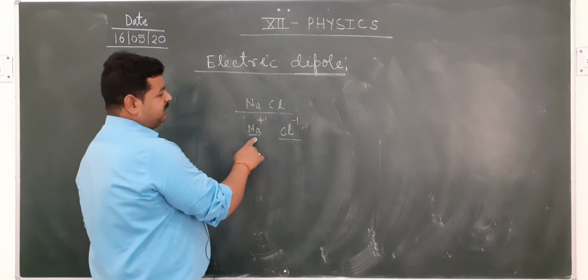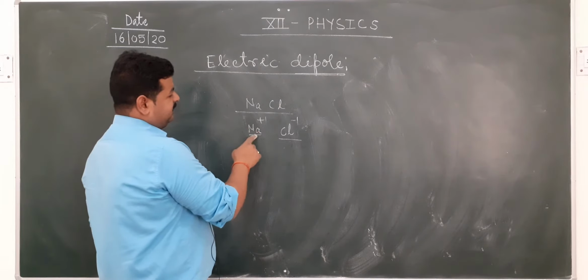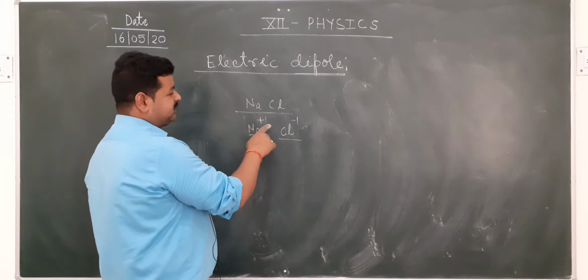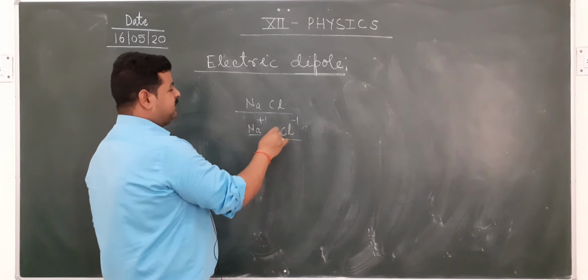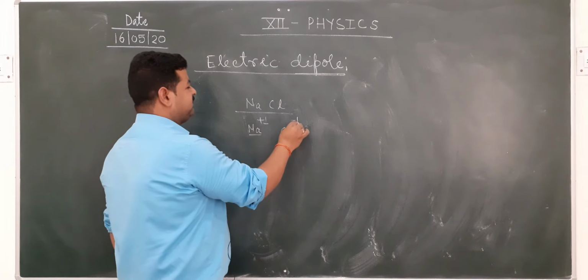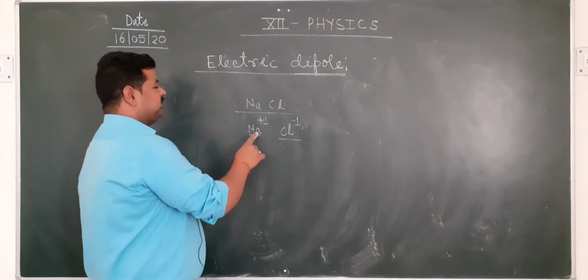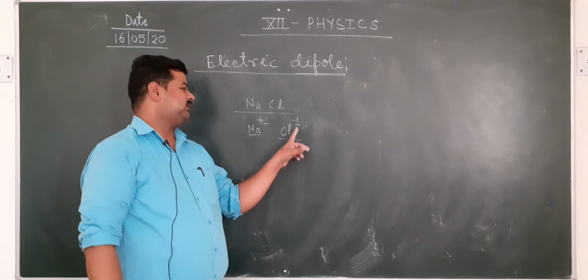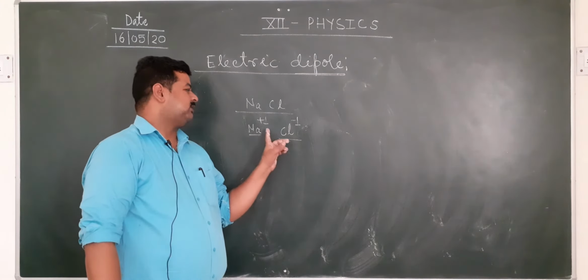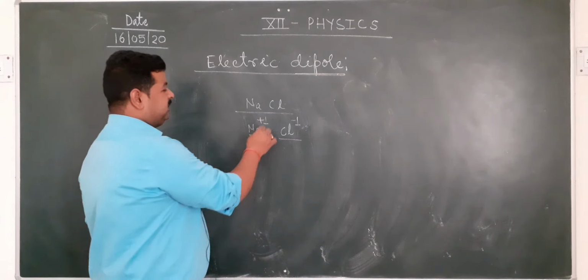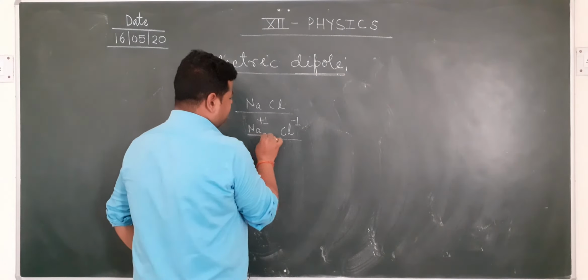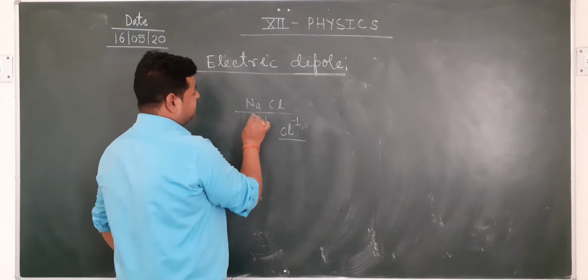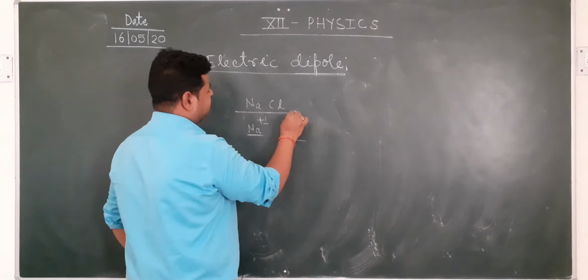The 1 represents the magnitude of the charge, so the magnitudes of these charges are equal.